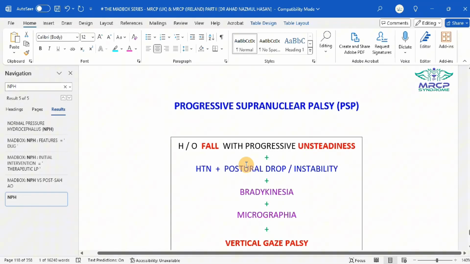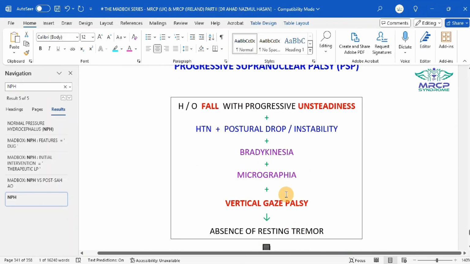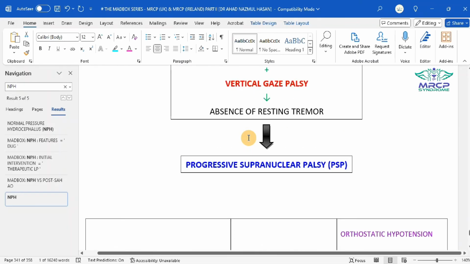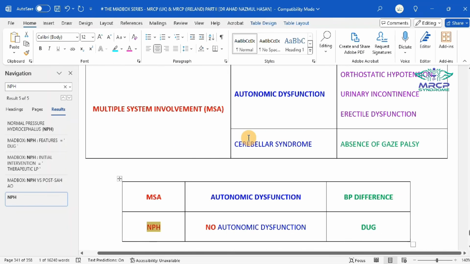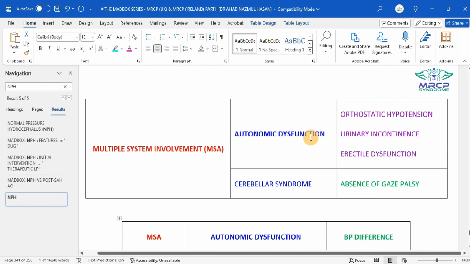And in case of progressive supranuclear palsy, we have already stated there would be features of postural instability or history of falls, especially vertical gaze palsy, and the patient will have absence of resting tremor. And in case of multisystem atrophy, there would be autonomic dysfunction, either orthostatic hypotension, urinary or bowel incontinence, or erectile dysfunction.